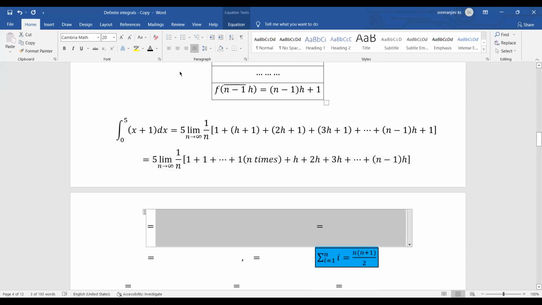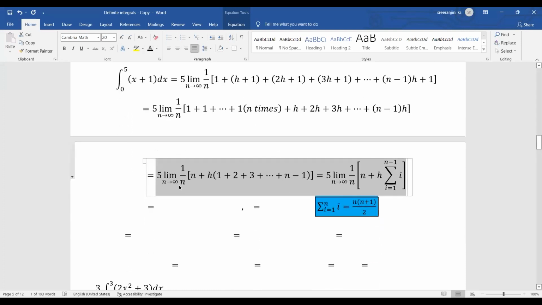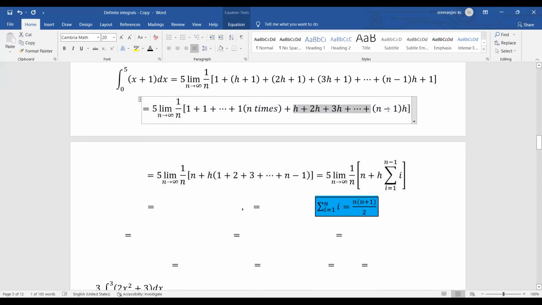This is equal to 5 into limit n tends to infinity, 1 by n, 1 plus 1 plus 1, etc. plus 1, n times, is n. Then in the remaining terms, we can take h outside. So h into 1 plus 2 plus 3 plus etc. plus n minus 1.